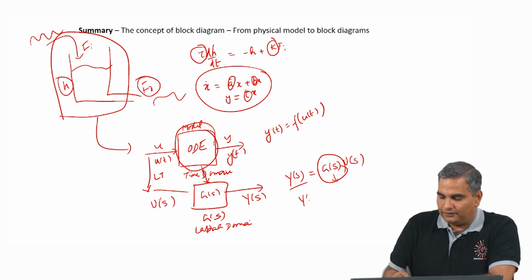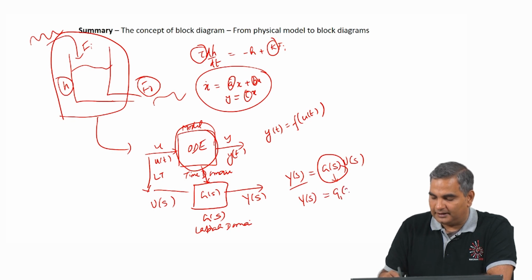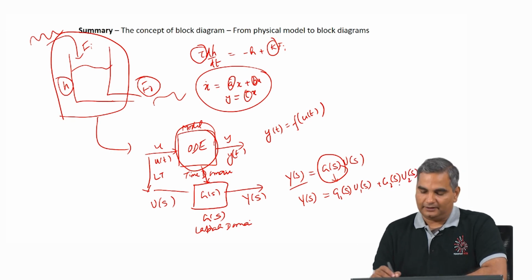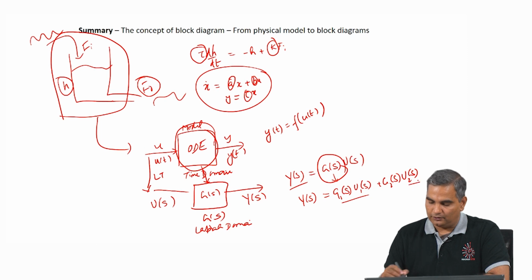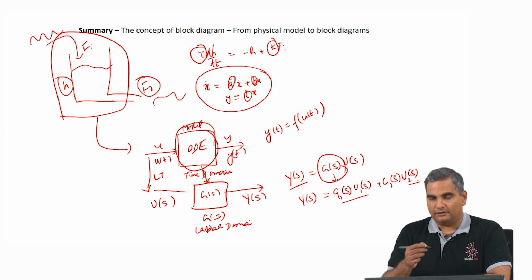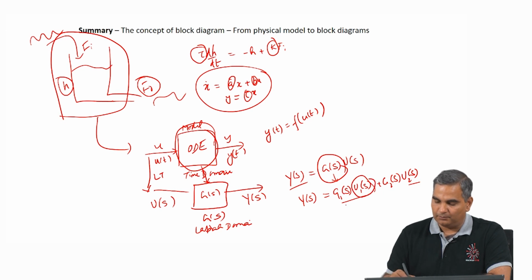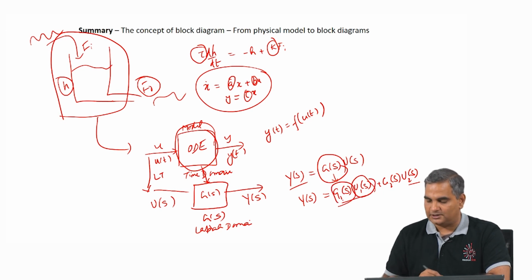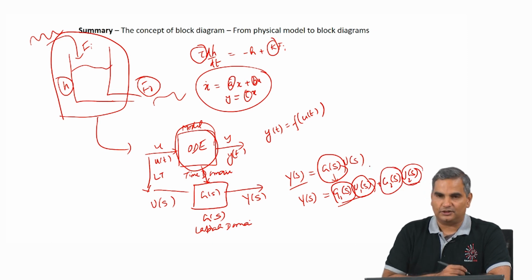So, y of s, if there are 2 inputs, could be something like g1 of s u1 of s plus g2 of s u2 of s. So, this basically says the effects of the inputs u1 and u2 are additive because the underlying model is linear, and the effect of u1 of s is moderated by some transfer function g1 of s, and the effect of u2 of s is moderated by some transfer function g2 of s.